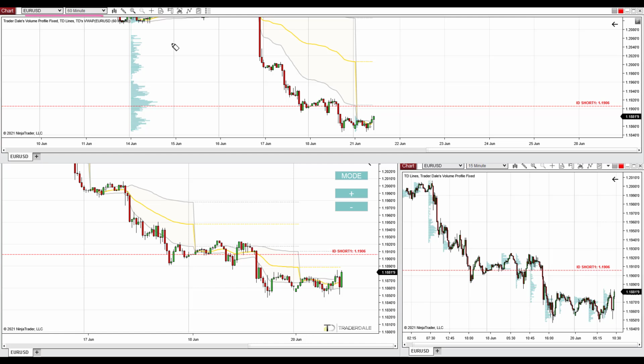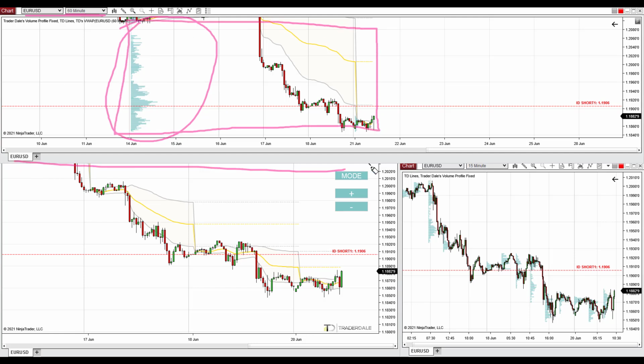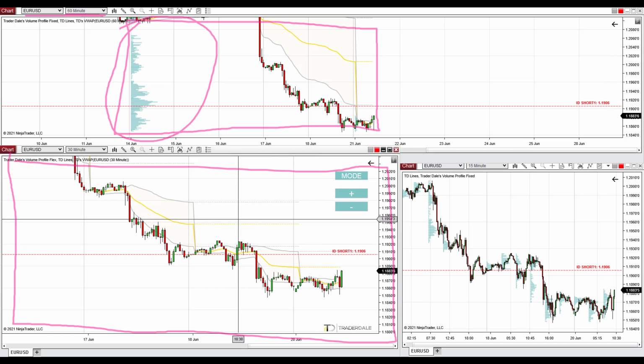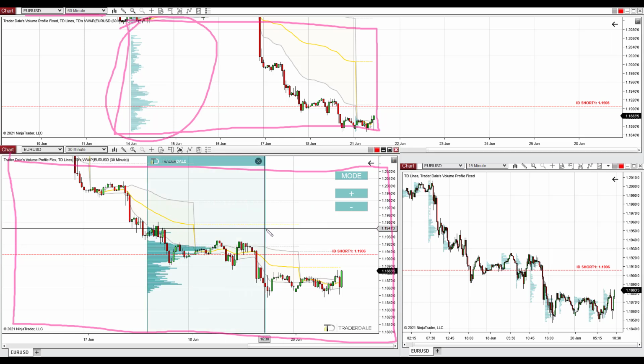The chart at the top, this is sort of overview chart where I use 60-minute time frame and weekly volume profile, so it shows how volumes were distributed throughout the whole week. Now this chart below it, this is a 30-minute chart, and with this 30-minute chart I use my flexible volume profile, the profile which you can move around like this.